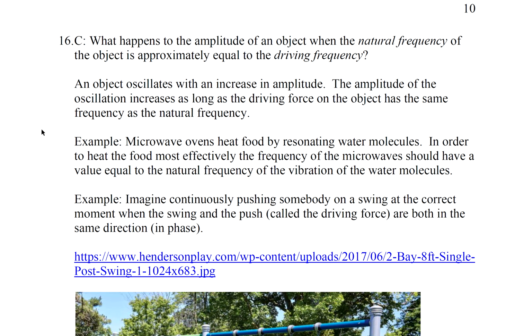In order to heat the food most effectively, the frequency of the microwave should have a value equal to the natural frequency of the vibration of the water molecules. Here's another example. Imagine continuously pushing someone on a swing at the correct moment, when the swing and the push, called the driving force, are both in the same direction, in phase.